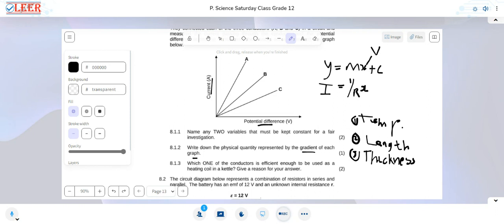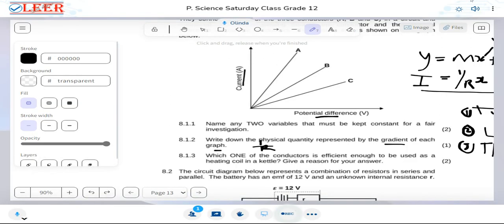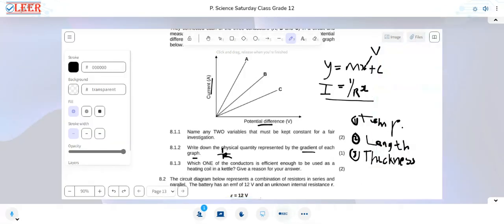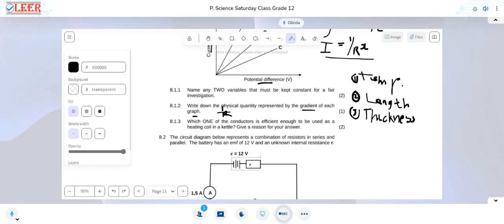So this is our equation. They ask us to write down the physical quantity represented by the gradient of each graph. From our equation, my gradient is 1 over R. Moving on, we have 8.1.3.